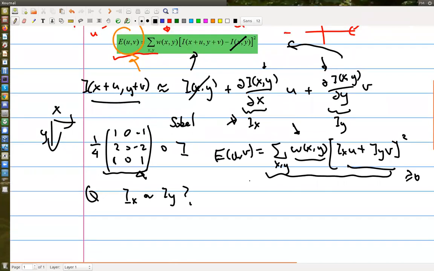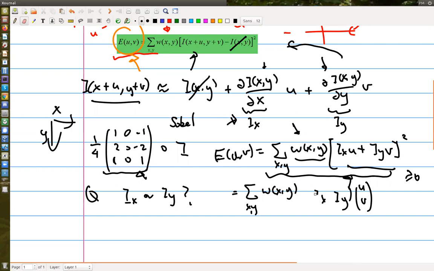And then here I can rewrite it in a matrix form. Hopefully it won't be too funny for you guys. So this is a square, right? The square of the same thing, but what's inside I can just write as Ix Iy times u and v.